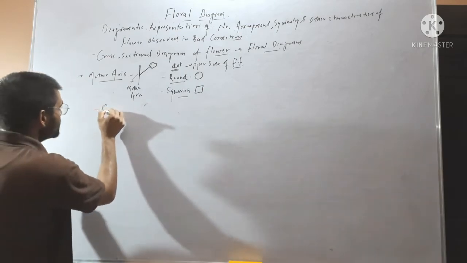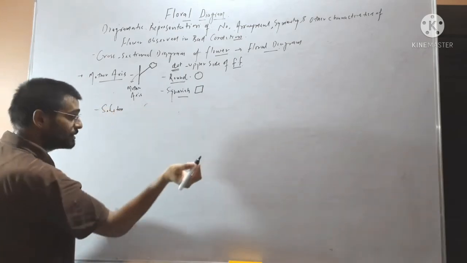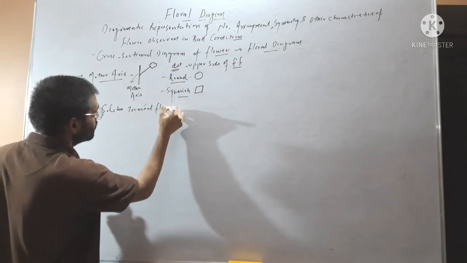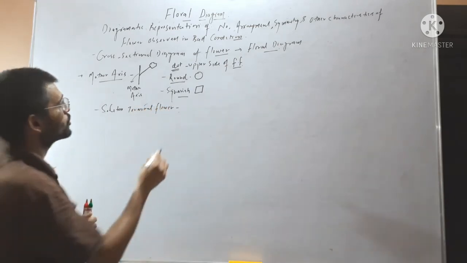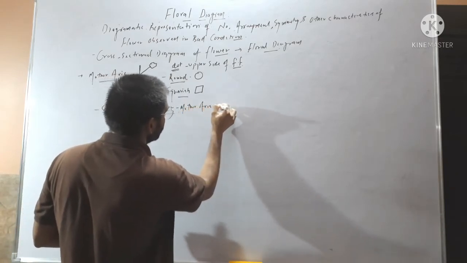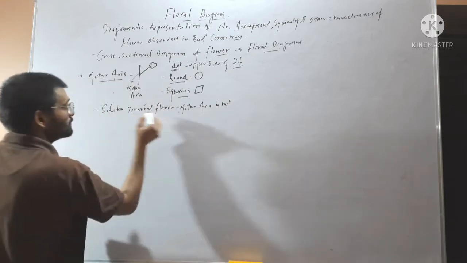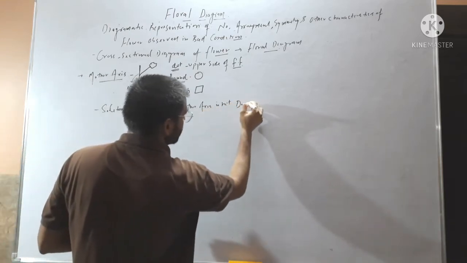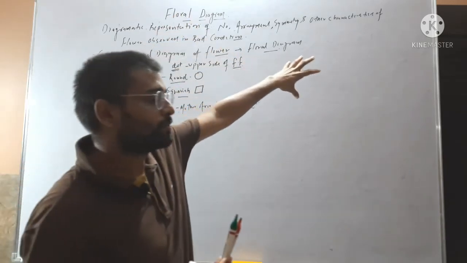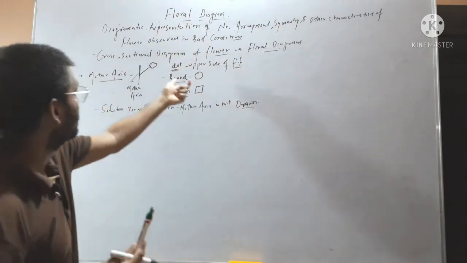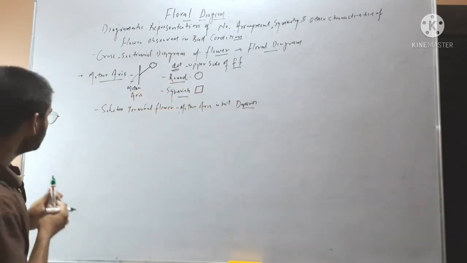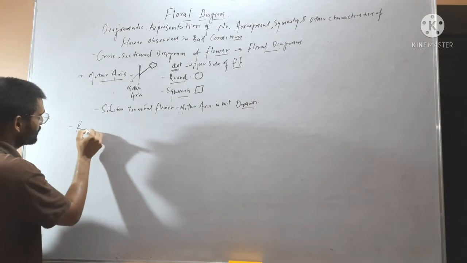In case of a solitary terminal flower, the mother axis is not drawn. So at the top of the floral diagram, first of all we will draw a mother axis, a round dot or squarish dot.